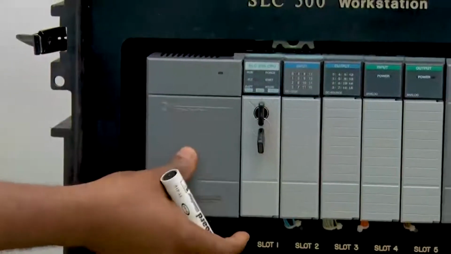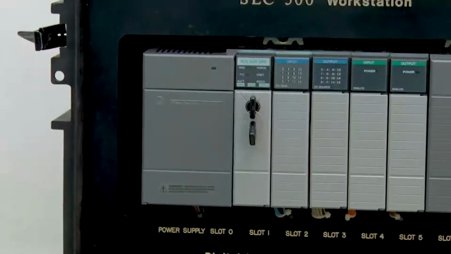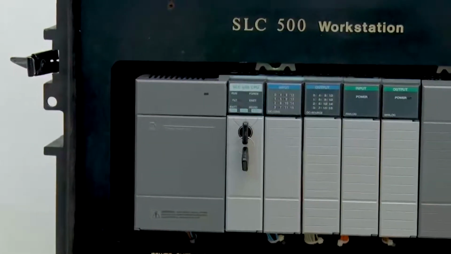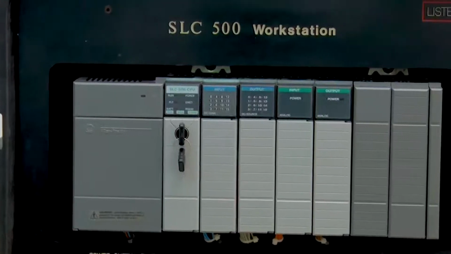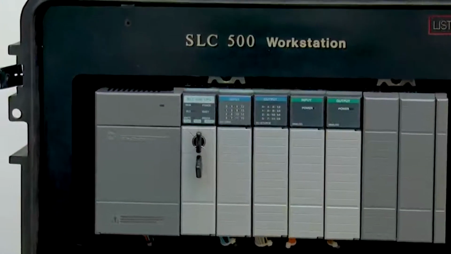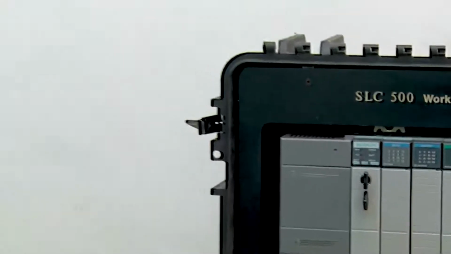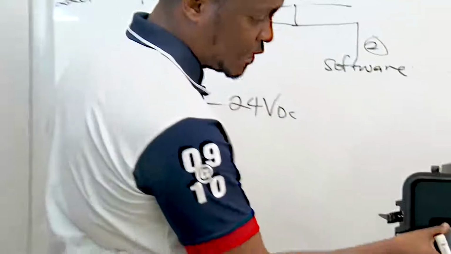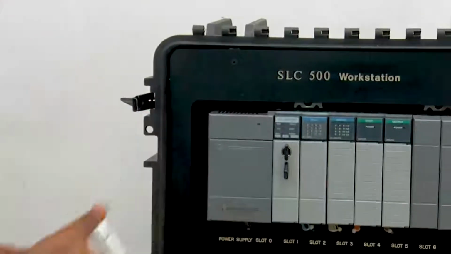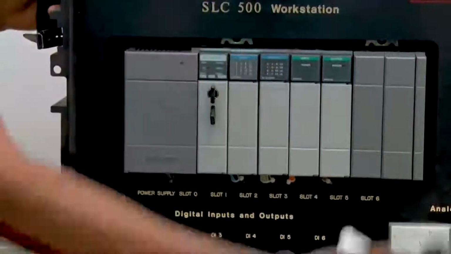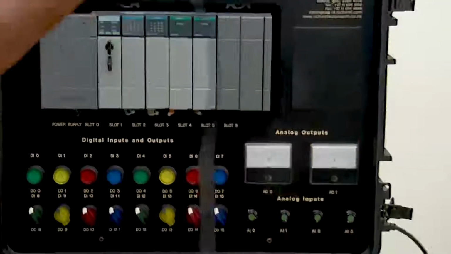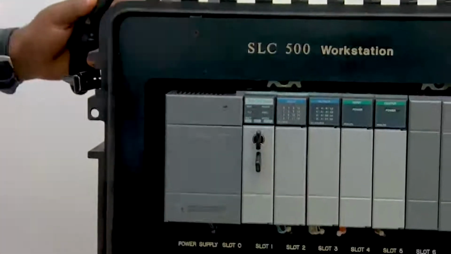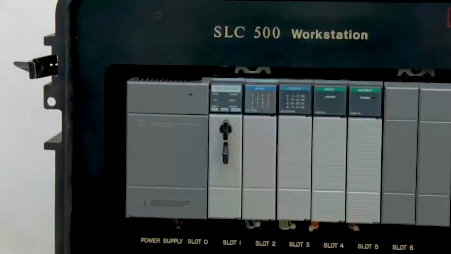In this power supply, the AC is stepped down and converted to a DC. So if you have a 220 volts AC supply, it is converted to what? 24 volts DC power supply. So this does the conversion. Because the PLC is connected to the mains, we connect this PLC to the mains, and then this does the conversion to 24 volts and feeds the remaining parts of the PLC.